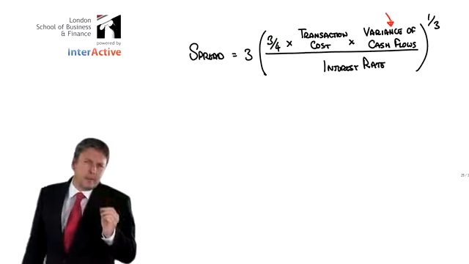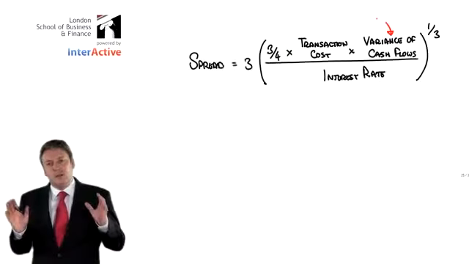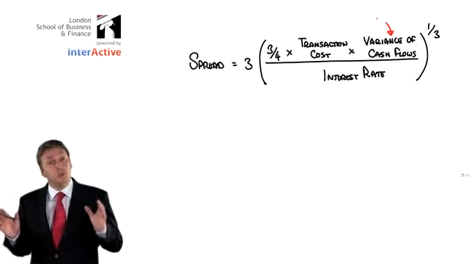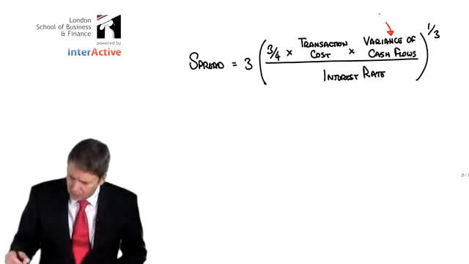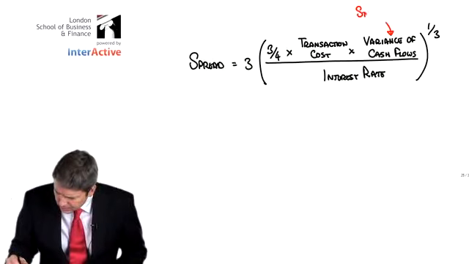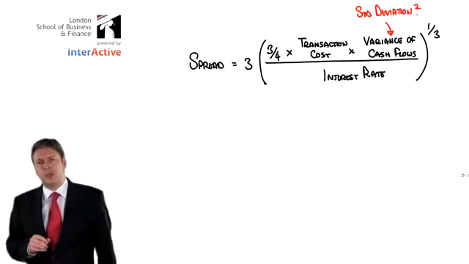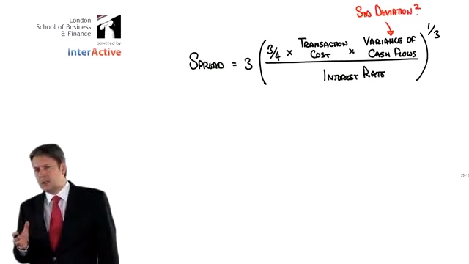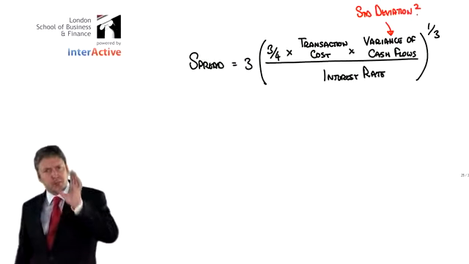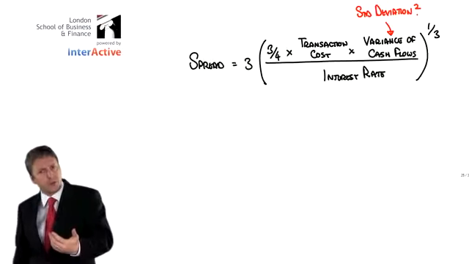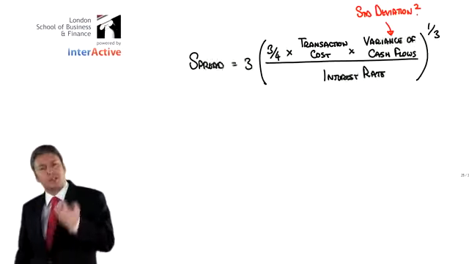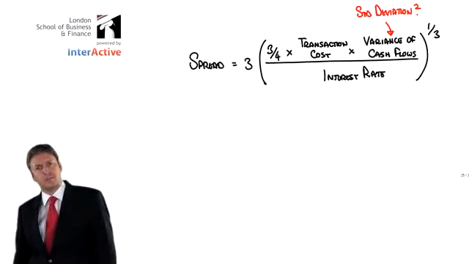I don't know if you remember this idea. One key measure of dispersion was the standard deviation. And all we need to know is this: the variance is the standard deviation squared. Okay? You may remember that from your studies.